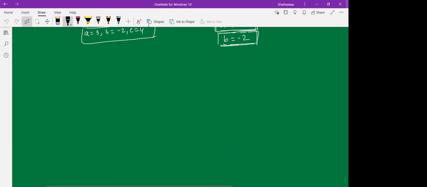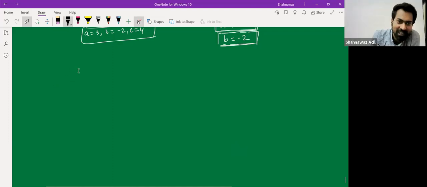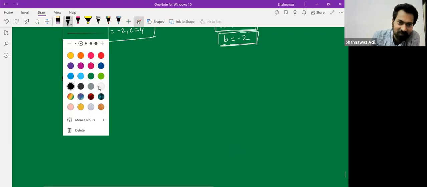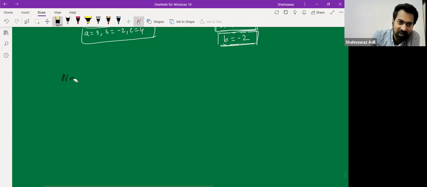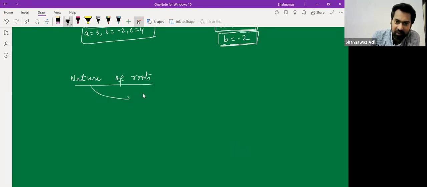The nature of roots means what kind of roots they are. Are they something else? We will learn about those.